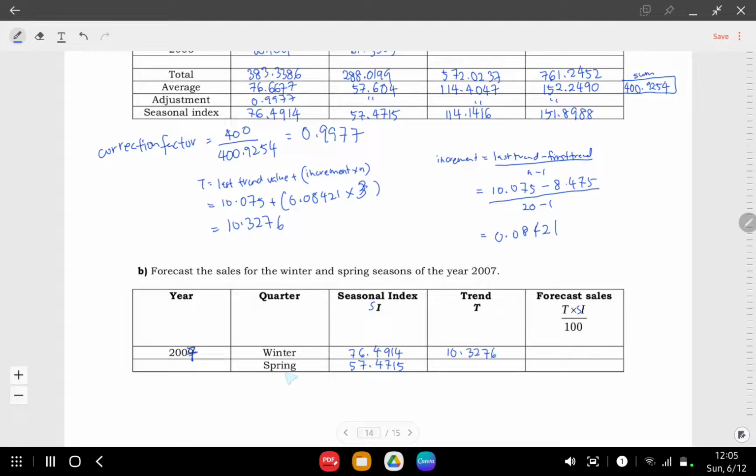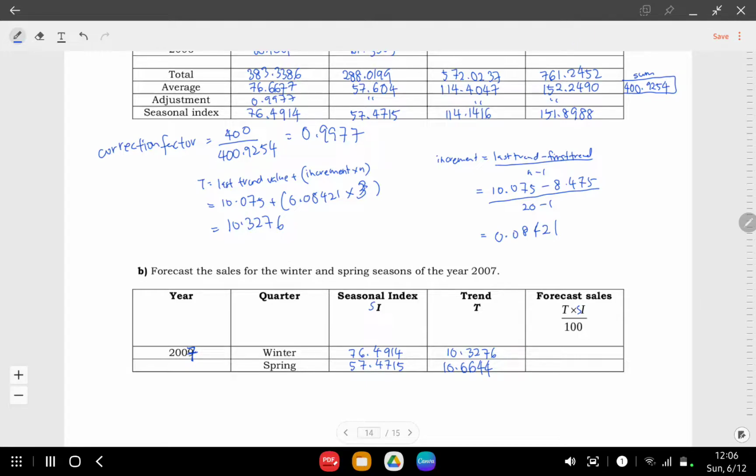And to forecast the trend for spring 2007, this time our n will be 4. So 4 times the increment plus the last trend value. So the answer will be 10.6644.